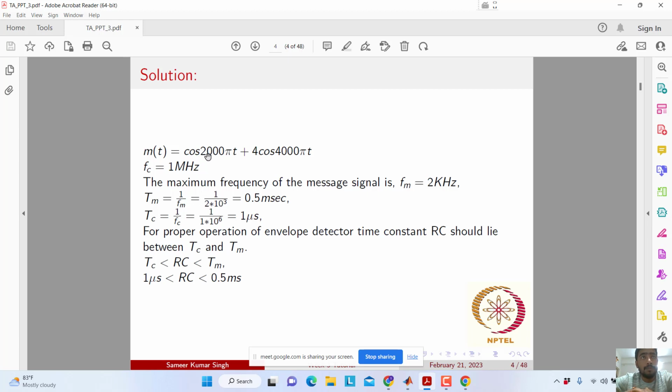For the first term, fm1 will be 1k because we divide 2000 pi by 2 pi, and from the second term we will get 2k. So we will consider the maximum frequency. The maximum frequency of the message signal will be 2 kilohertz. That is clear.